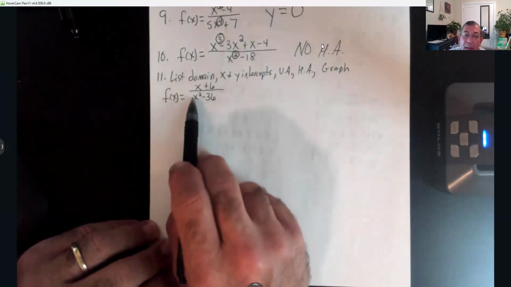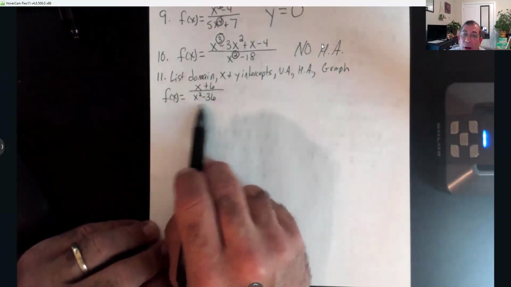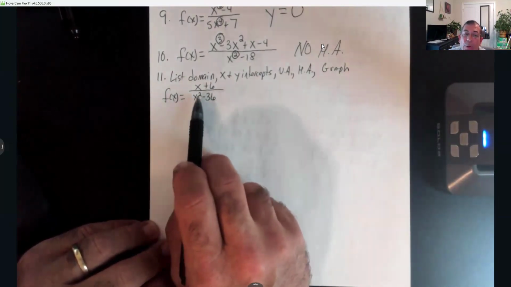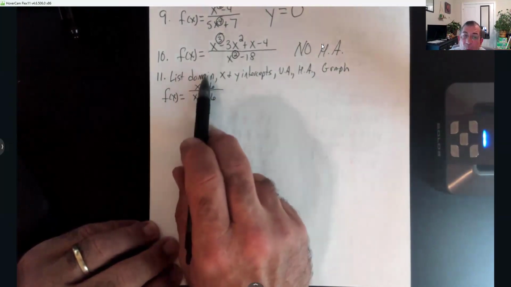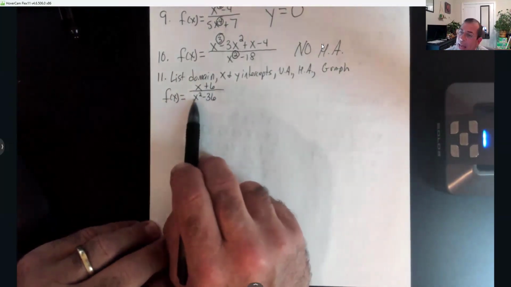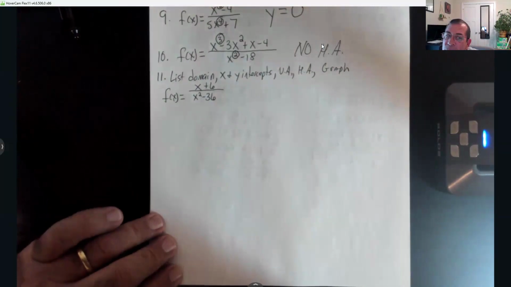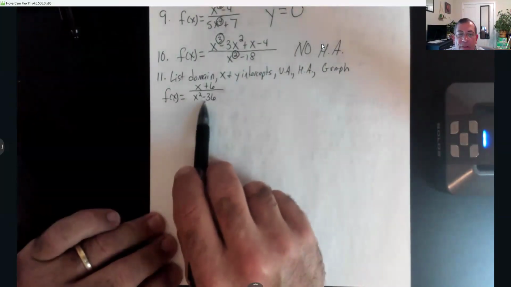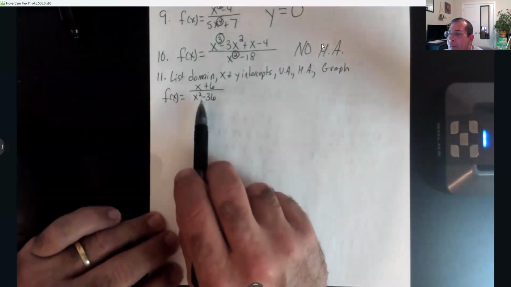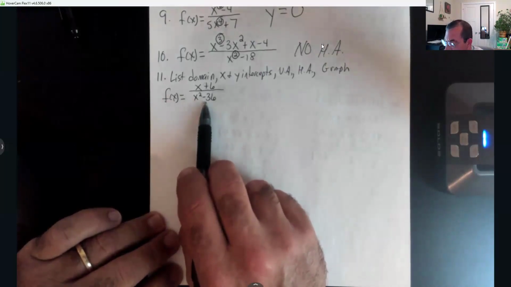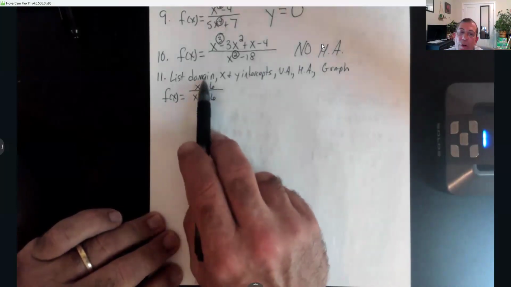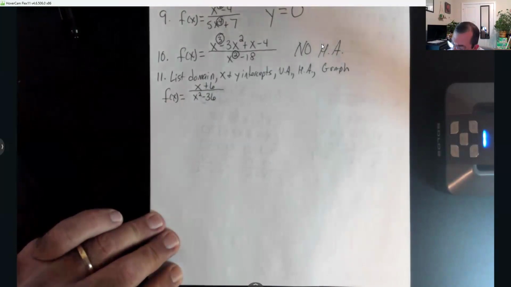Well, I know that the domain is found by setting the bottom equal to 0. So if I find the numbers I kick out of my domain, I'm also finding the vertical asymptotes, because the vertical asymptotes occur where it's undefined, okay? And undefined are the only numbers we kick out of our domain.